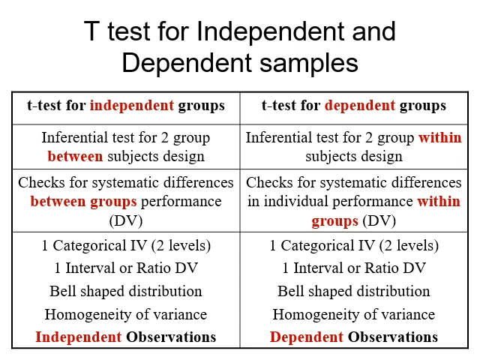Once again, our assumptions are a categorical IV with two levels, an interval or ratio DV, again a bell-shaped distribution to some degree, and again homogeneity of variance, so you shouldn't find that you're changing the distributions from condition to condition, simply the means or the average scores. And in this case, you will have dependent observations. In fact, they're supposed to be. They are influencing each other because it's the same people being exposed to different levels of a categorical independent variable.